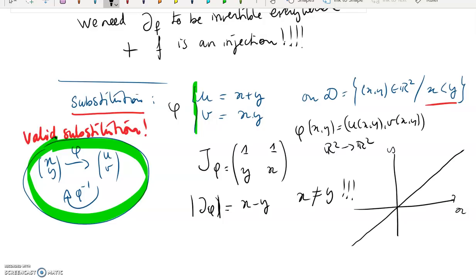So if we make the choice that x has to be smaller than y, that means that we're going to stay on that area. x is smaller than y. And with this in mind, we can apply the local inverse theorem.